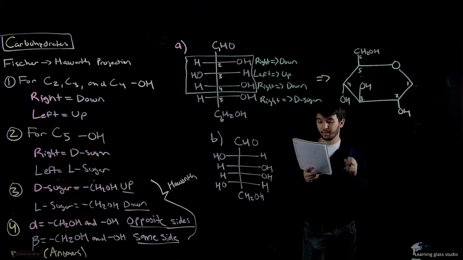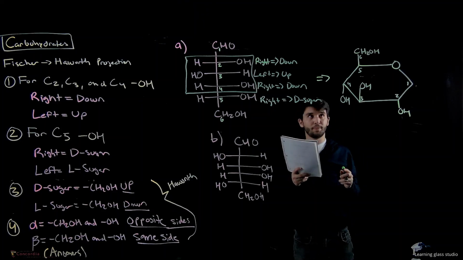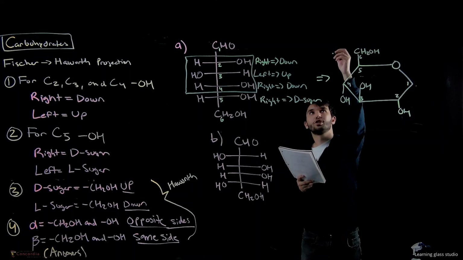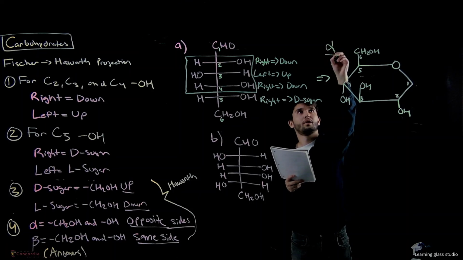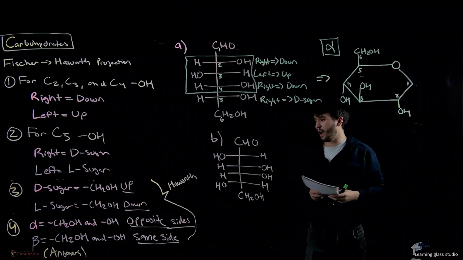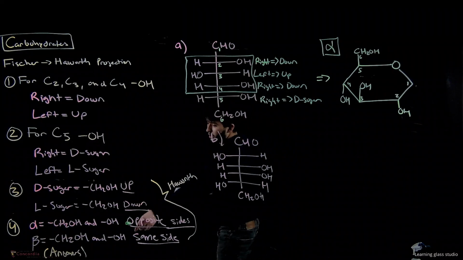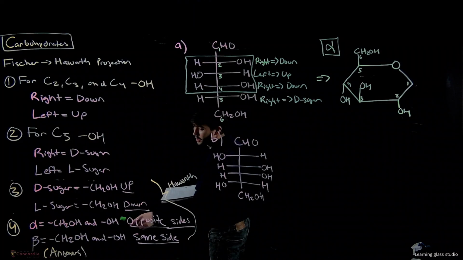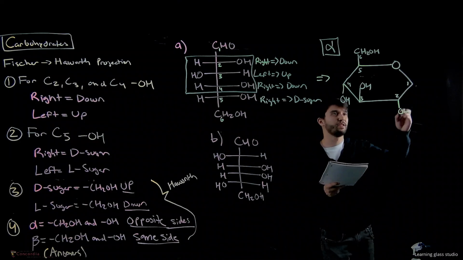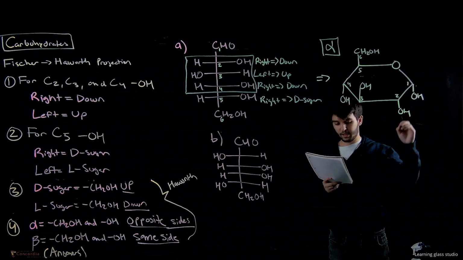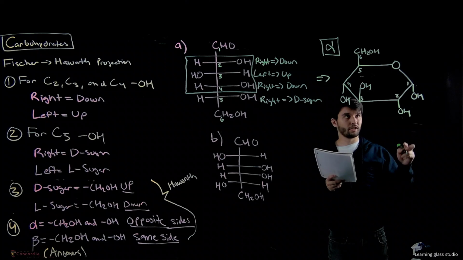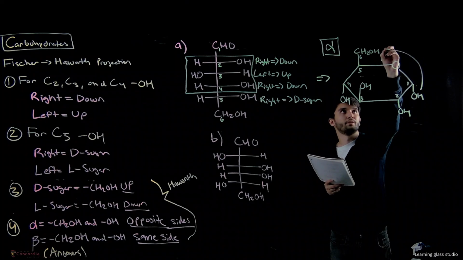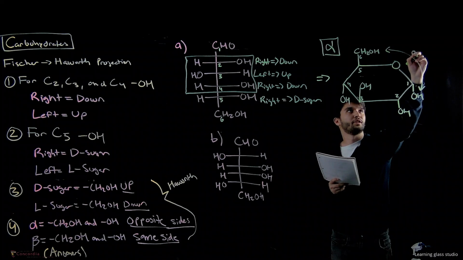In this case, this sugar will be in the alpha configuration. If it's an alpha configuration, the CH2OH and the OH must be on opposite sides, so that means this one must be going down, because this is going to be opposite.